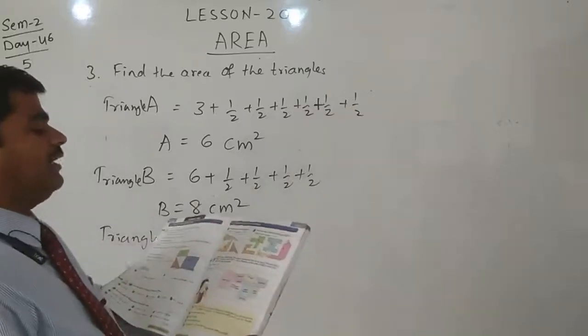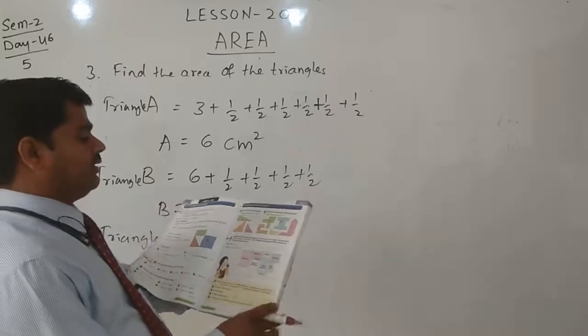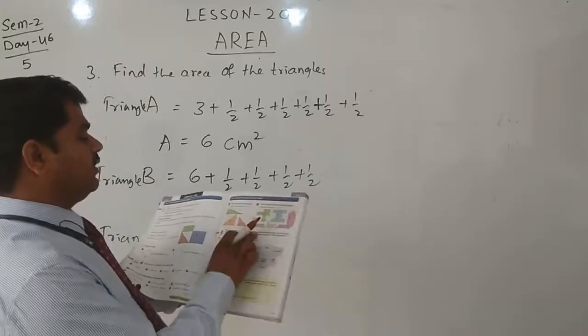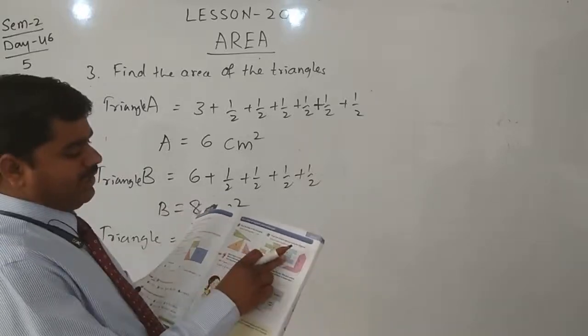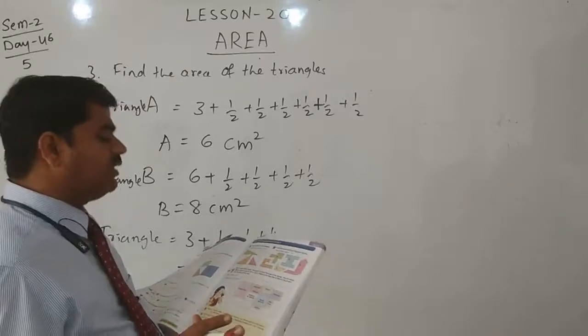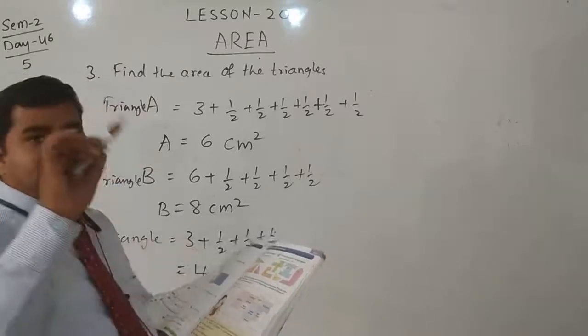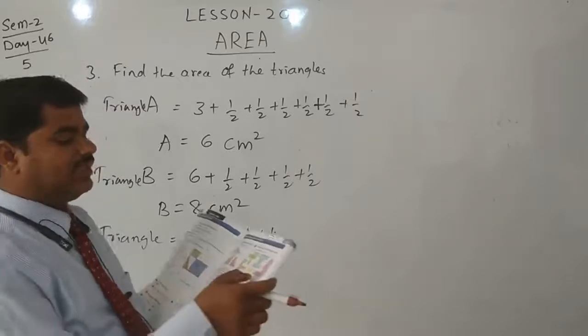Find the area of each of the given figures. Yes. A, B, C, D, E. Totally 5 are there. You can find half, 2 halves together, 1 full. Yes or no? Like that here.